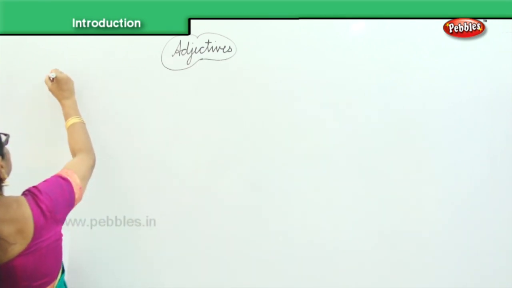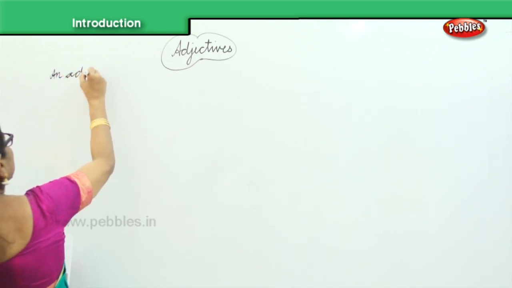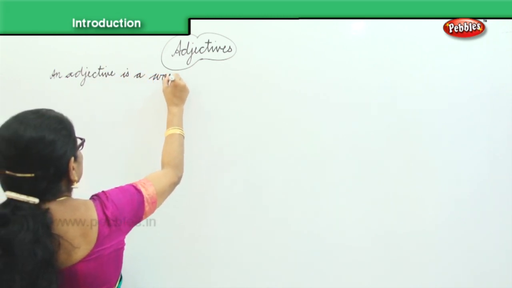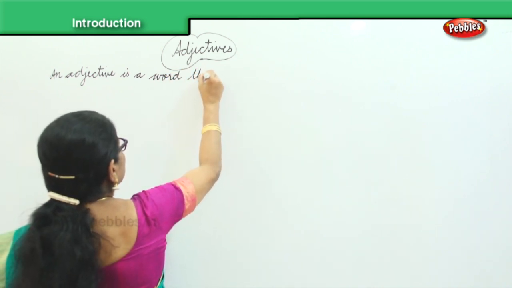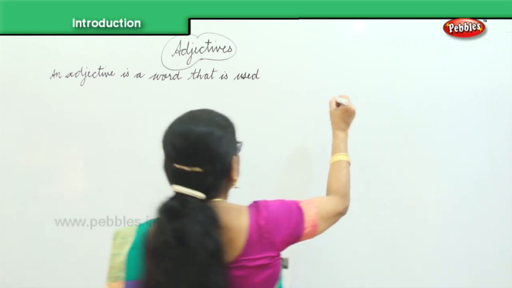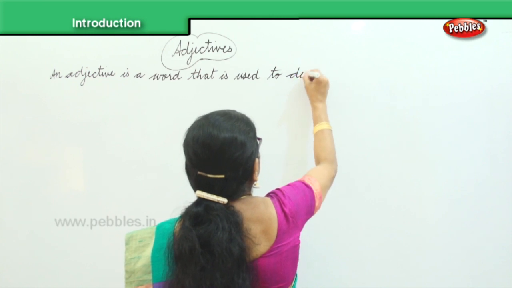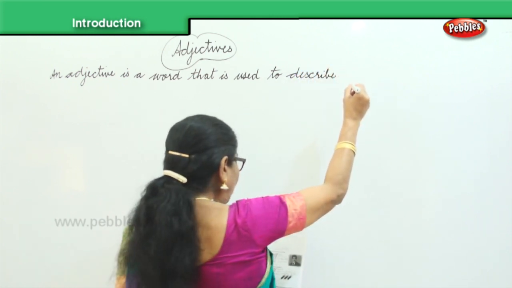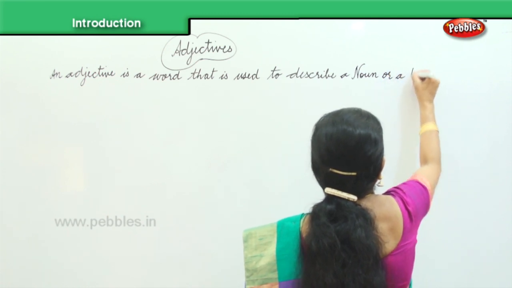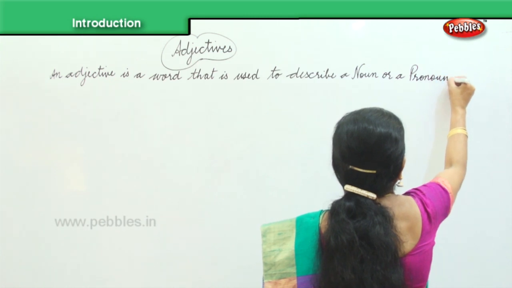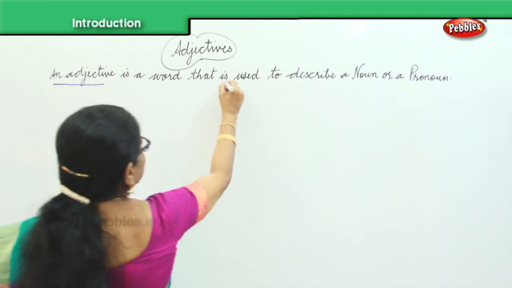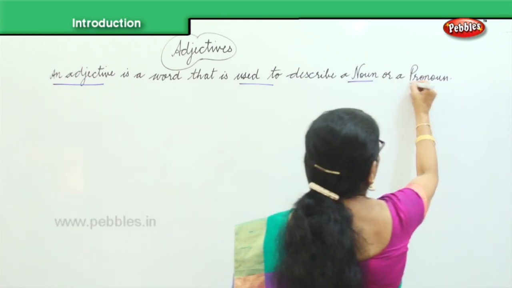An adjective is a word that is used to describe a noun or a pronoun.